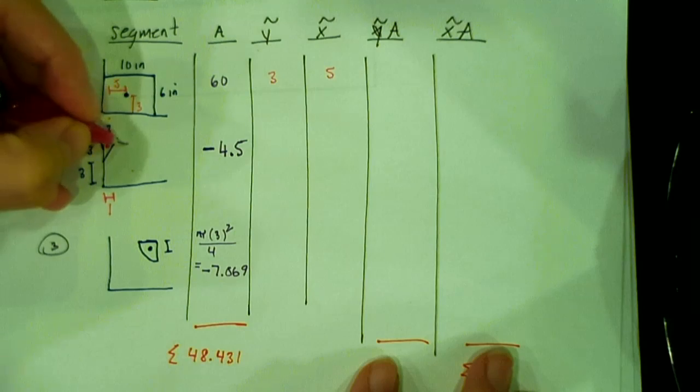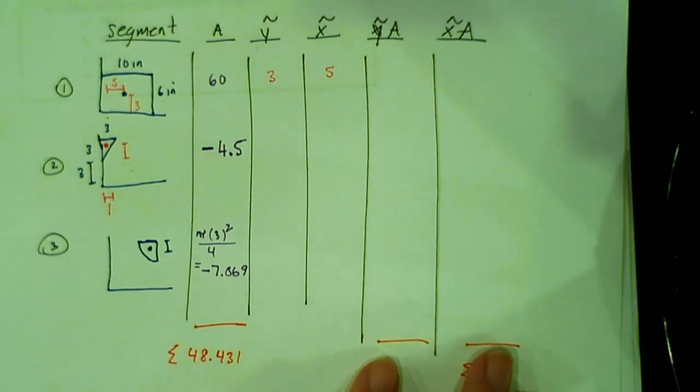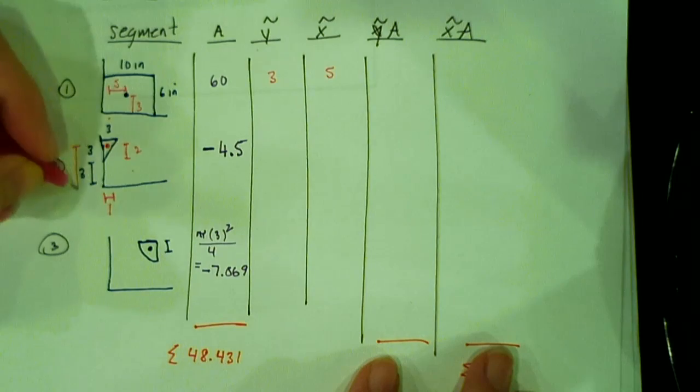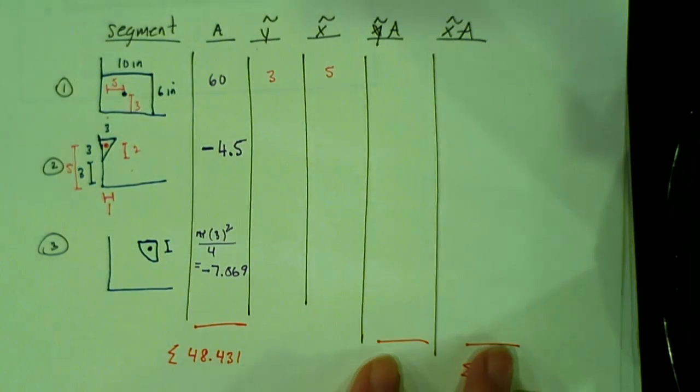Then for the y, it's going to be 2/3 of 3, so 2, but then plus 3, so that total distance is 5. Everyone okay with that? Yeah.